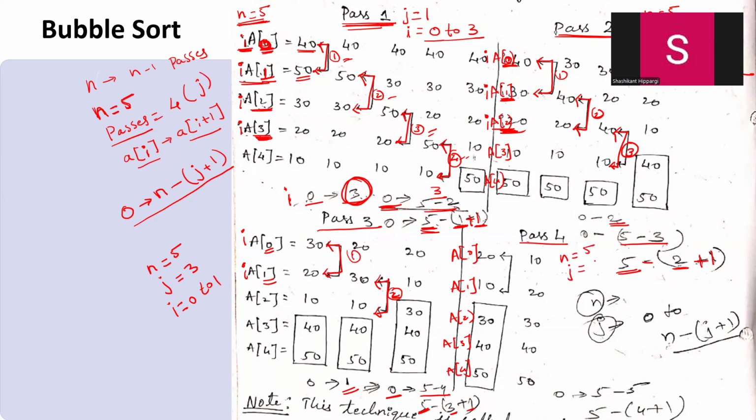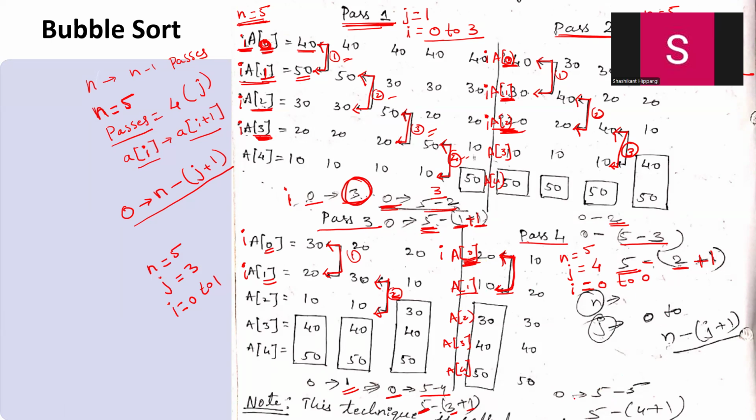We are in pass 4, so j is 4. What should be the range of I? How many comparisons must be done here? Only one. So I is equal to 0 to 0, because if I is equal to 0, A of 0 will be compared with A of 1. So one comparison is done, and the value of I should be only 0.